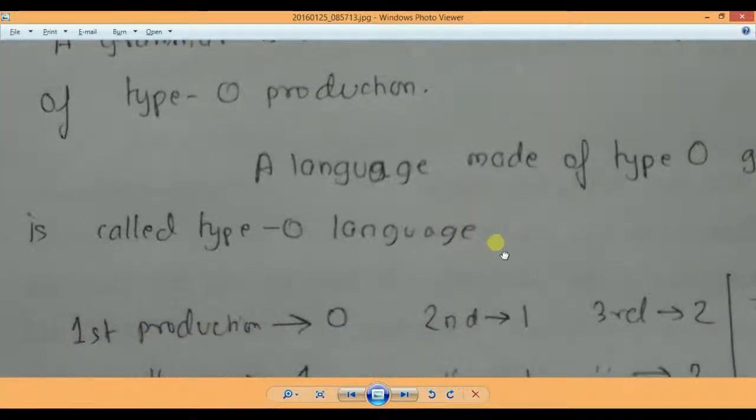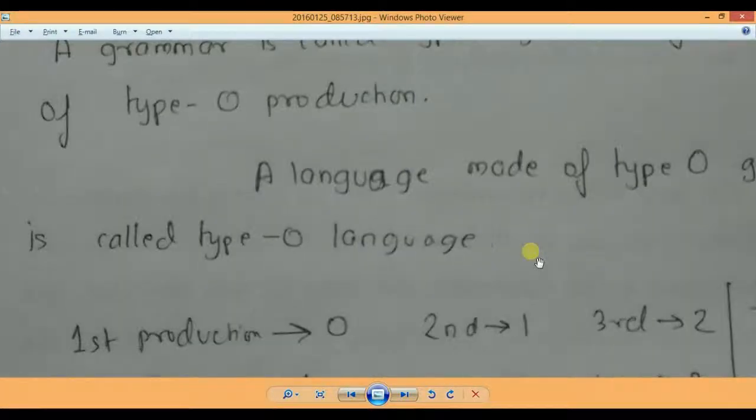Now, a language made of type 0 grammar is known as type 0 language. If the language is made of grammar and all the grammar are of type 0, then it's called type 0 language. It's not necessary that all the grammar should be of type 0, but I shall discuss that, you'll understand then.